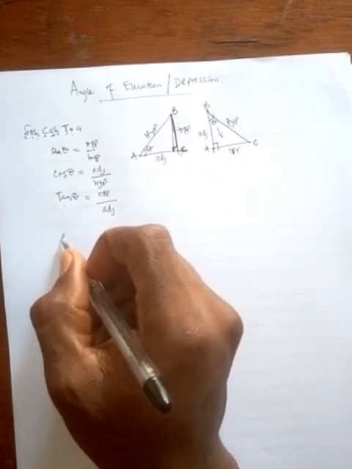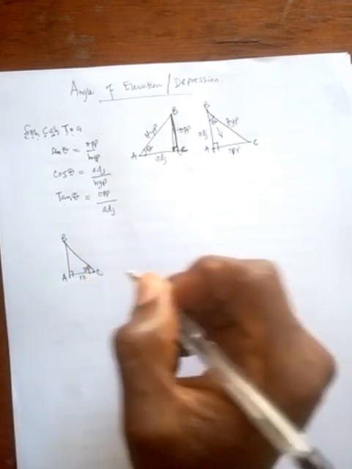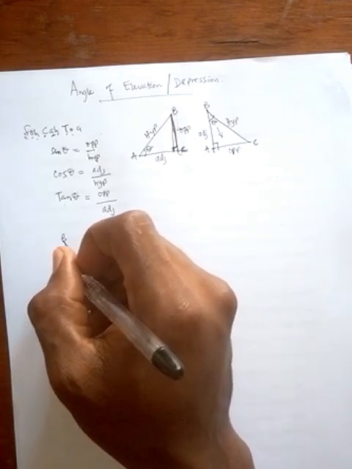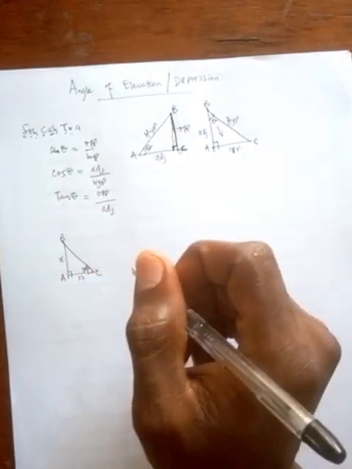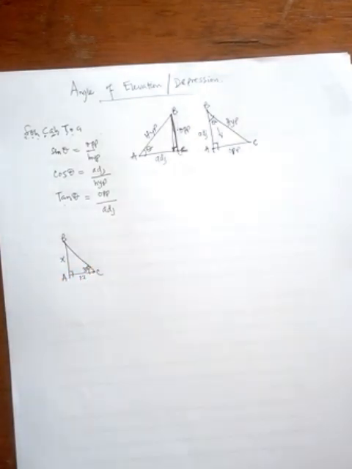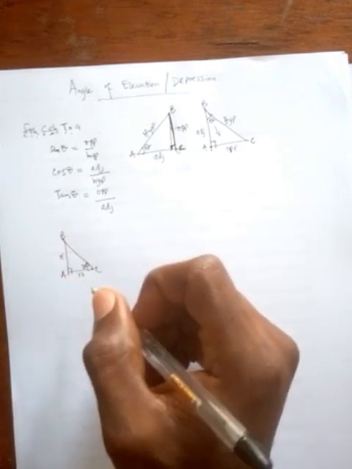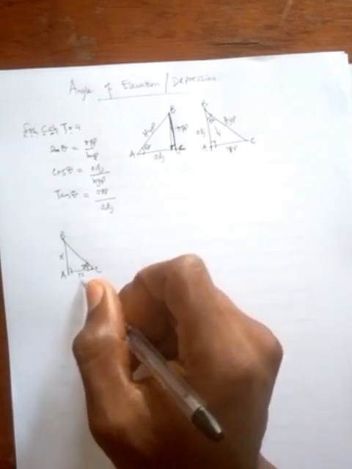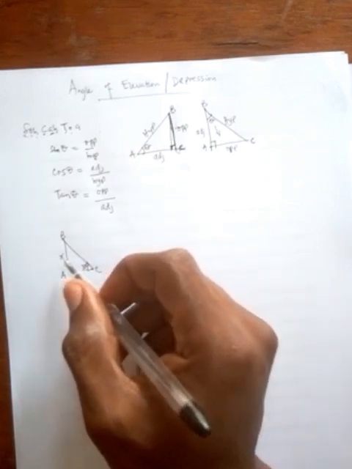Let's call this A, B, and C. Let's say line AC is 12 cm, and we are asked to find x, that's line AB. How do we go about solving it? Remember, the angle given to us is 35. So let's see what information we have on this triangle. We have the adjacent side, and we are asked to find the opposite side.